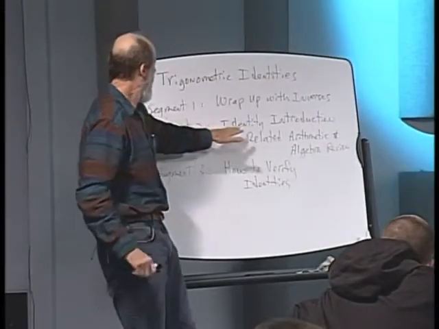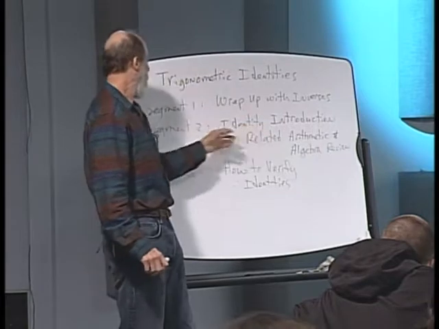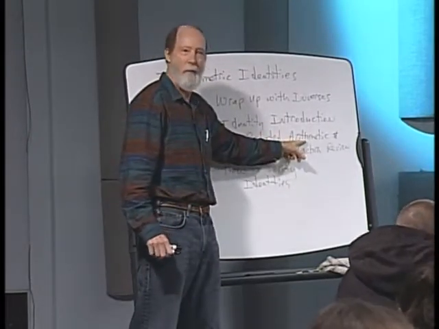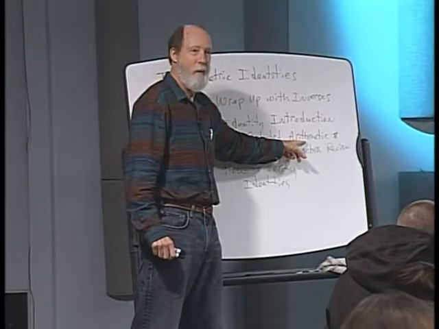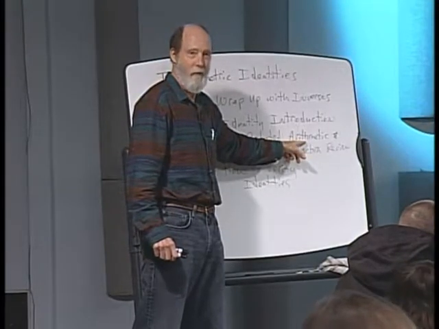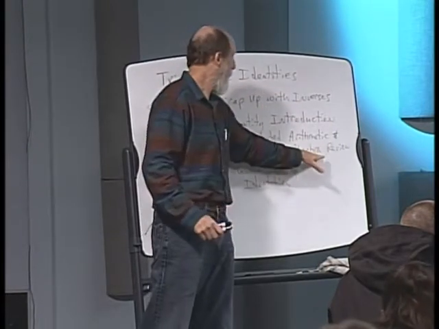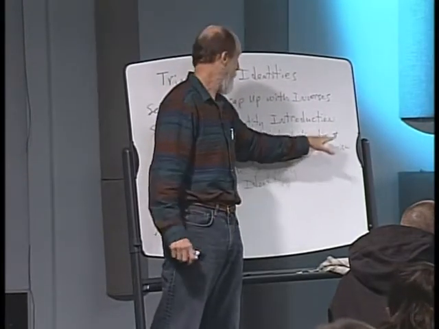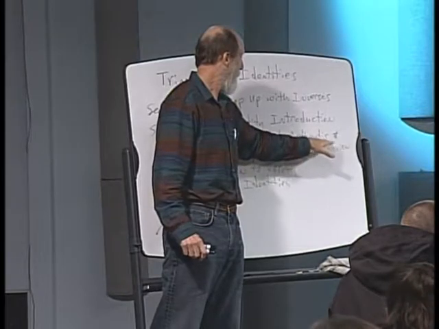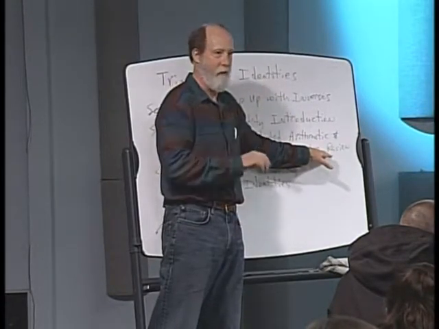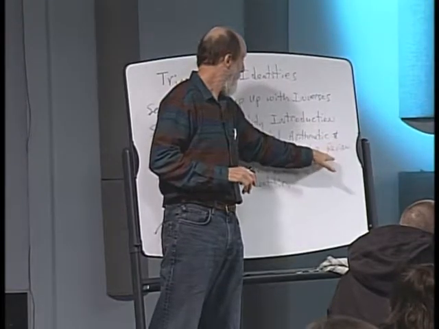And then, as a way of introducing the identities in segment 2, what I'd like to do is actually take us clear back to arithmetic, because we need to be able to manipulate expressions, whether they're arithmetic expressions or algebraic expressions. And so I want to look at some common places where people, even at this level and even in calculus, have trouble with arithmetic and algebra.